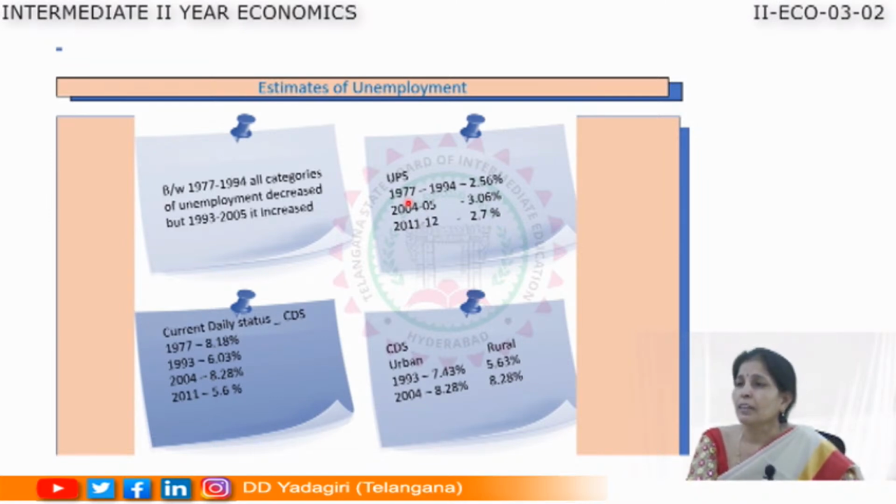According to the UPS, from 1977 to 1994 it was 2.56%, and in 2012 it is 2.7%. According to current daily status employment in urban and rural areas, in urban it was 7.43 and rural it was 5.63 in 1993. And in 2004 it is 8.28 in urban areas and 8.28 in rural areas. This is what we find with urban and rural areas.